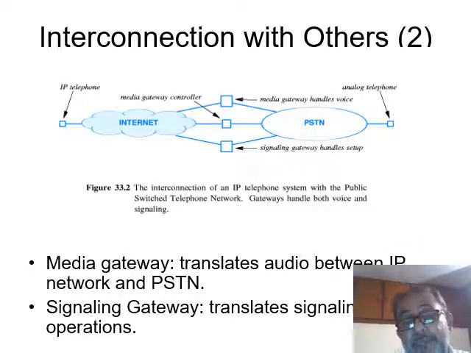All three are further connected to the internet, and to the internet we have the other side of our communication, which is the IP telephone. Basically, the media gateway converts our audio between the IP network and the PSTN network, and the signaling gateway translates signaling from PSTN to this voice over IP network.